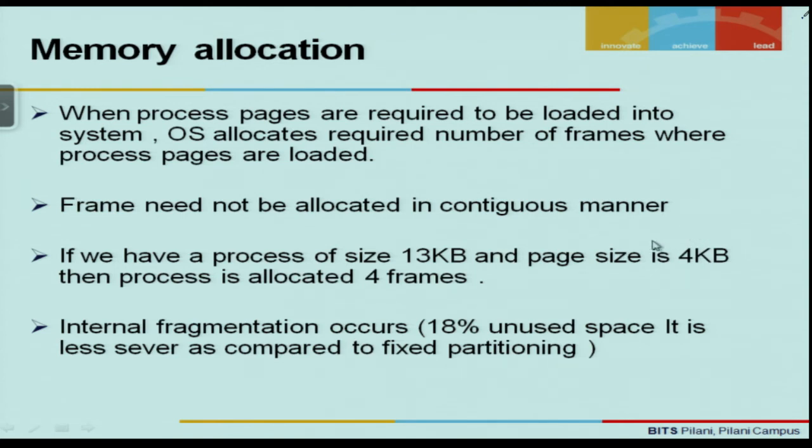To load a 13 KB program, we would require 4 frames. The first 3 frames would be completely filled, that is 12 KB, and the remaining 1 KB will go in the last frame, the 4th frame.